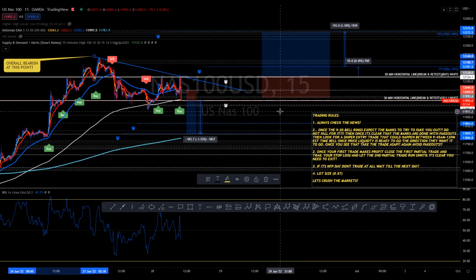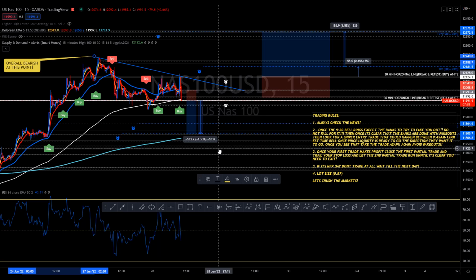So it's popping through the moving average, 200 EMA. Let's see. Yeah, it looks like it's punching through.